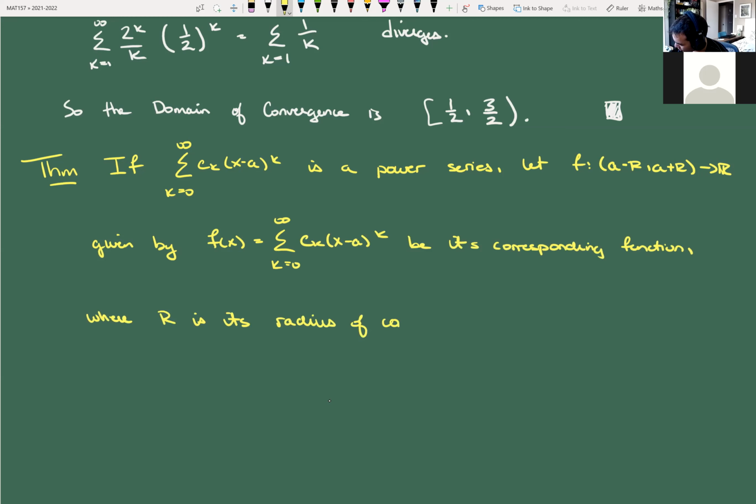Oh man, this is so wordy. That's just the way theorems are sometimes, right?